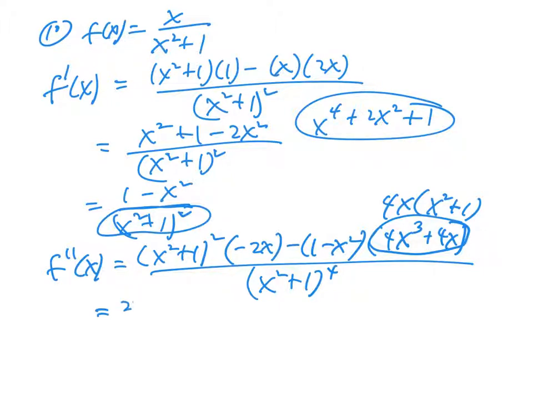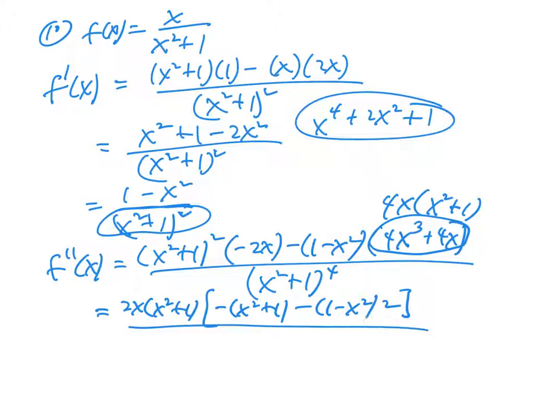Looks like you can factor out a 2x and an x squared plus 1. What's going to be left? Negative x squared plus 1 minus 1 minus x squared times 2. Yep, x squared plus 1 to the 4th. This cancels into that 3 times. So we need to simplify what's in the brackets.